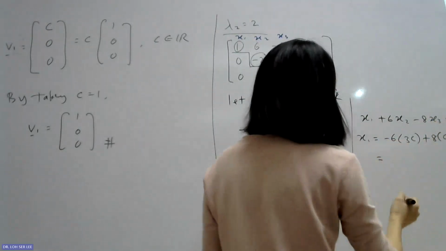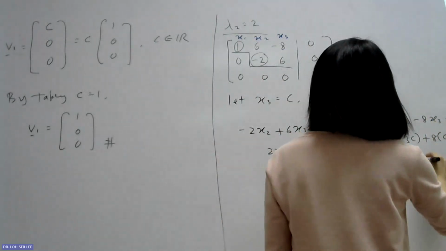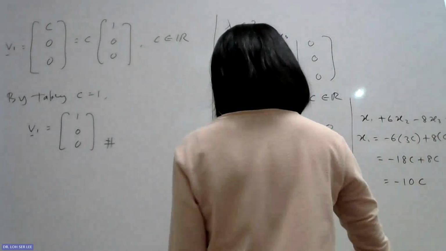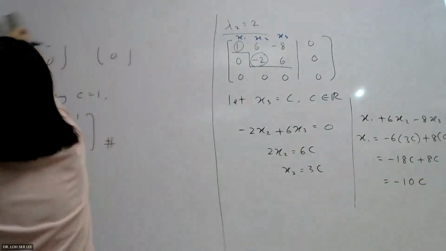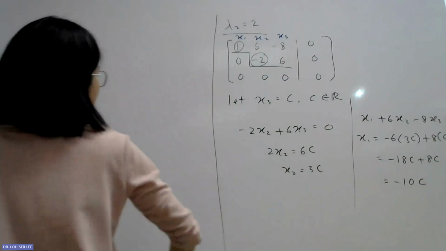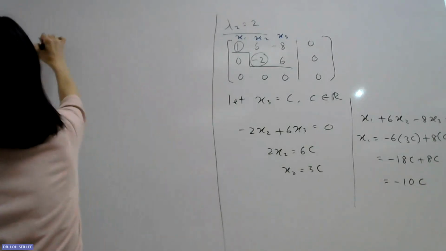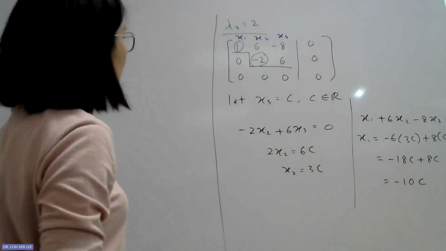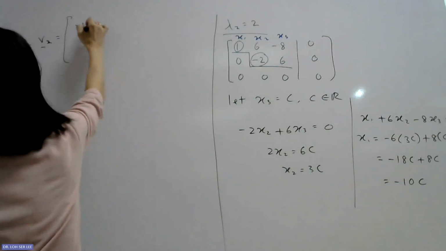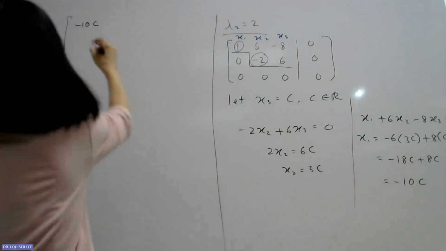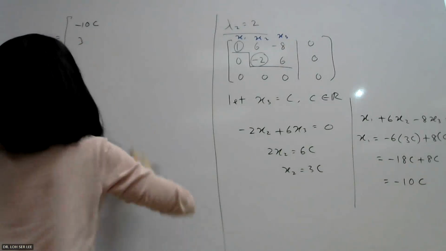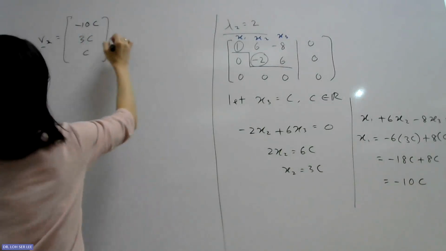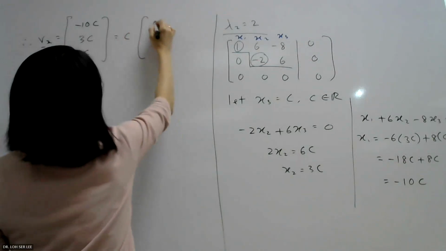So that means negative 18C plus 8C, which is negative 10C. Okay, so your V2 is negative 10C, 3C, and C.